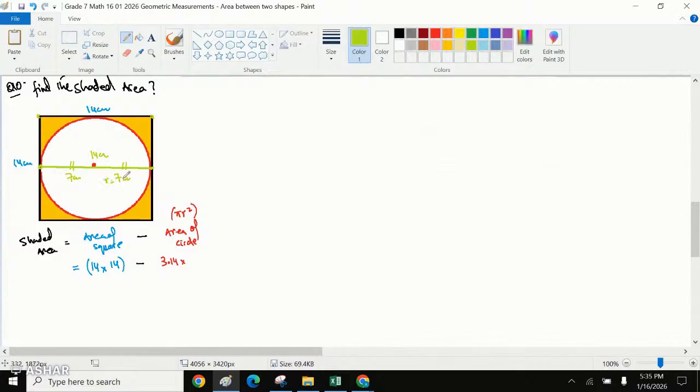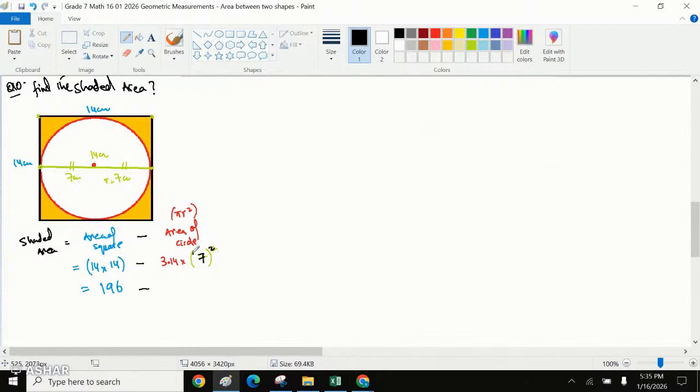So can we say the radius comes out to be 7? The radius comes out to be 7, okay? And we know that 14 squared was 196, minus, this was 7, right?